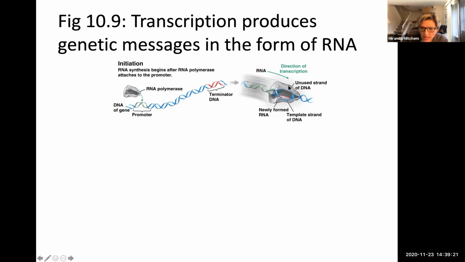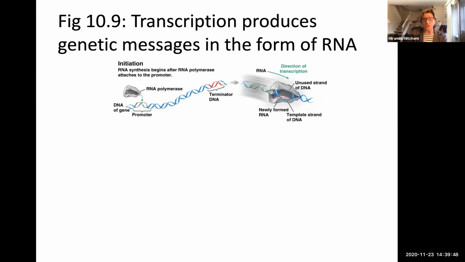So if we're zooming in and looking inside, we've got our pink message being made. That's the RNA. And then we've got our DNA going through. It begins at the promoter. So we've moved a little bit. The RNA polymerase binds at the promoter, and then it moves down the template strand of DNA, making the messenger RNA along the way.